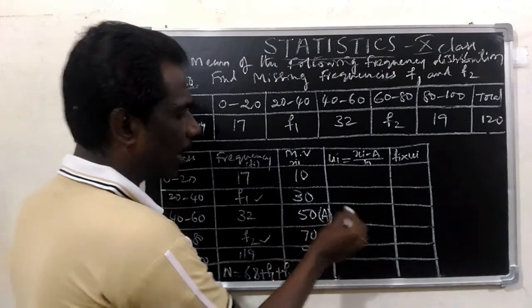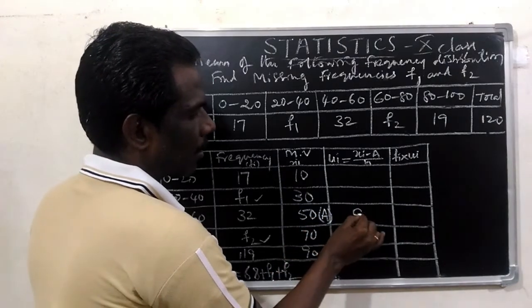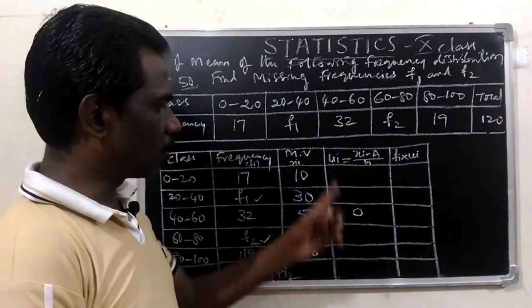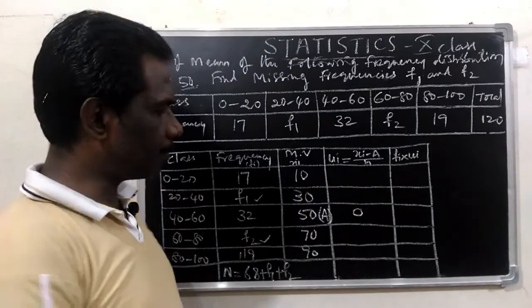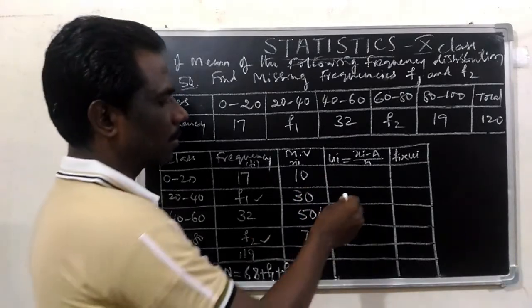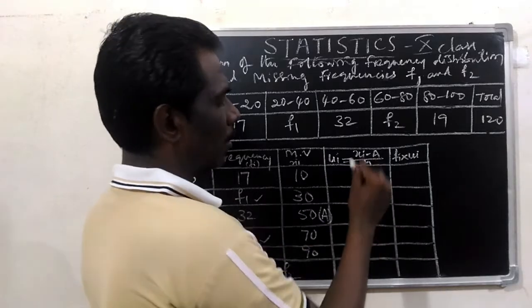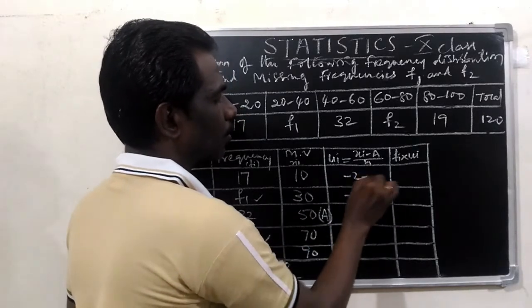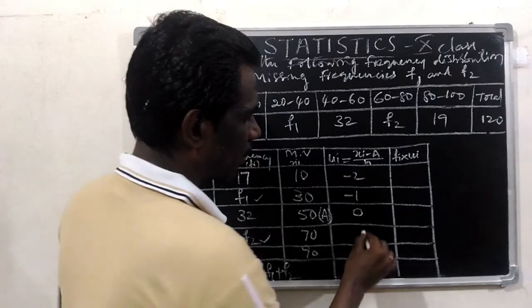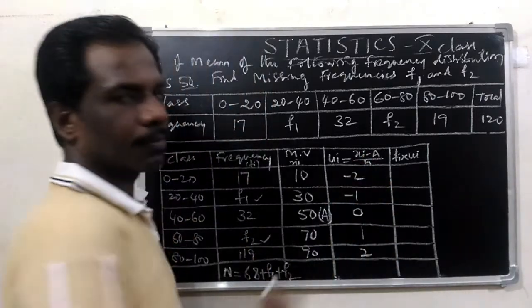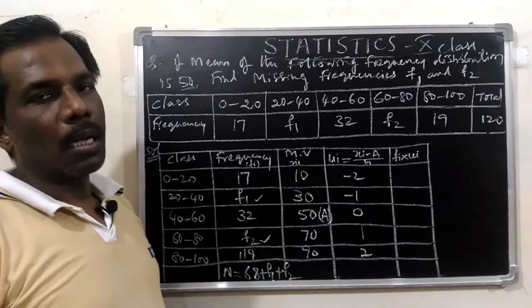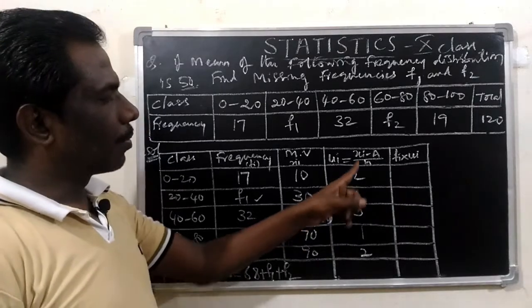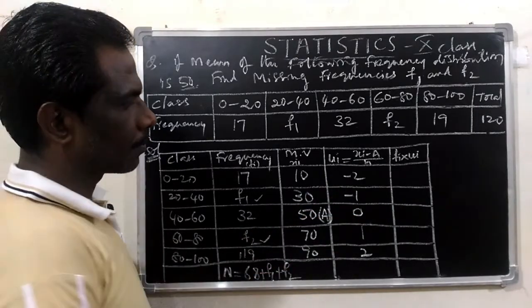In front of a, we can write 0 as the ui value. Next, above the zeros, we can write minus 1 and minus 2. And downwards, we can write plus 1 and plus 2. And already I told you how to find these values.